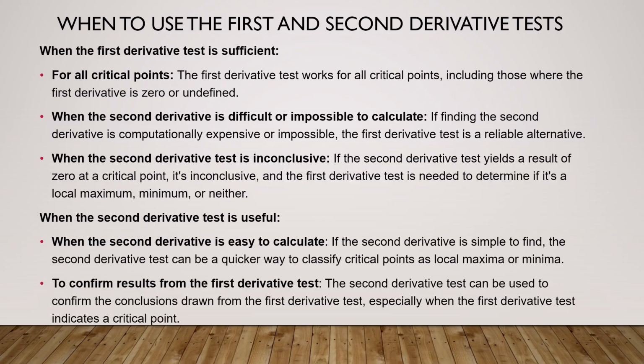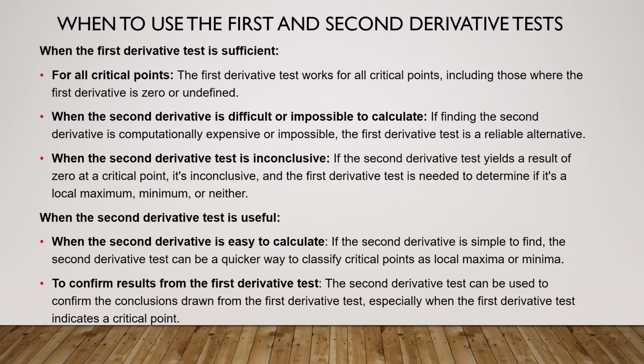Now, the first derivative test is sufficient in the following cases. For all critical points, the first derivative test works, including those where the first derivative is 0 or undefined. It is also used when the second derivative is difficult or impossible to calculate, this is the key point. We've seen some examples where it is very difficult to find the second derivative.